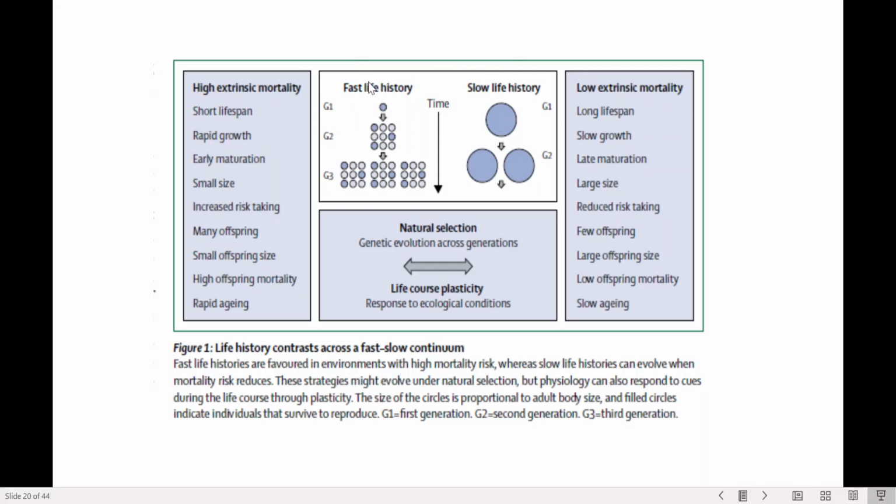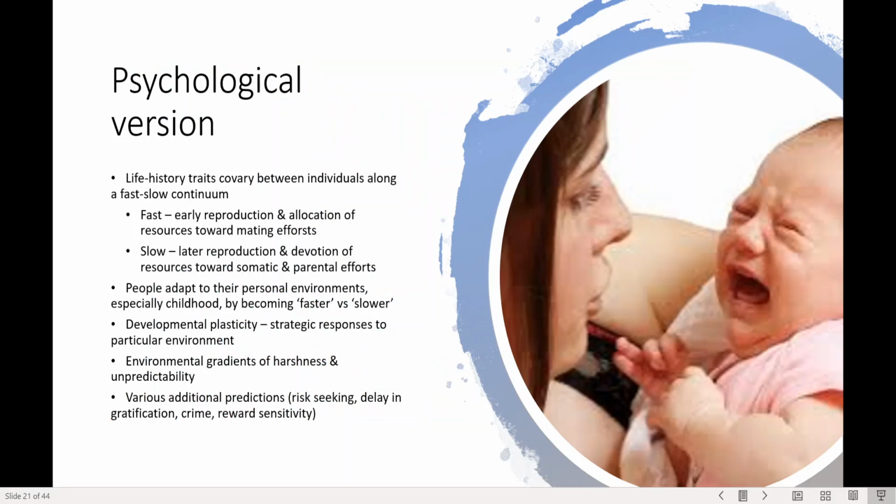So these are two major distinctions. Fast life history, which is thought to be more adaptive and is triggered in environments that are characterized by high mortality, and slow life history. These are typically fewer offspring, larger offspring, and they are more likely to be adaptive in environments with lower extrinsic mortality.